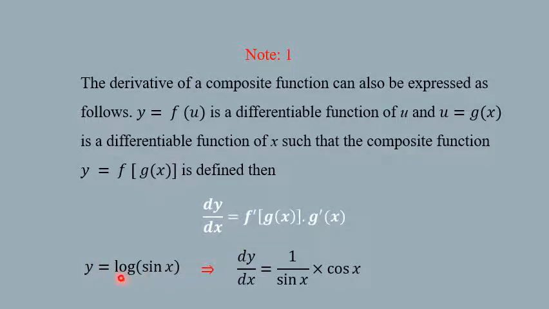First we differentiate the log with respect to sin x. The derivative of log of sin x is 1 upon sin x into the derivative of sin x, which is cos x. That means the derivative of log of sin x is 1 upon sin x into cos x.